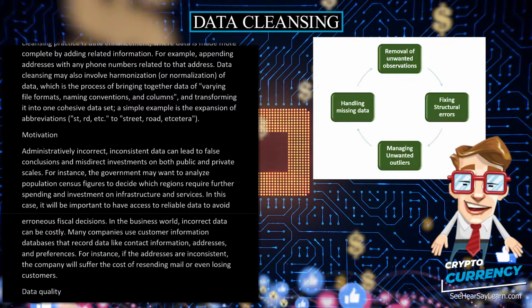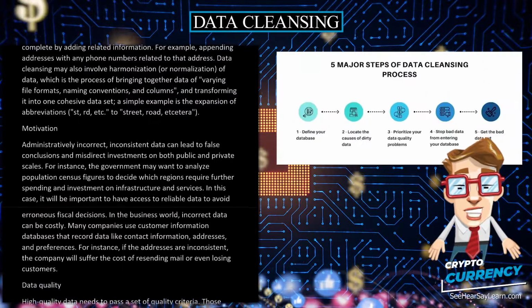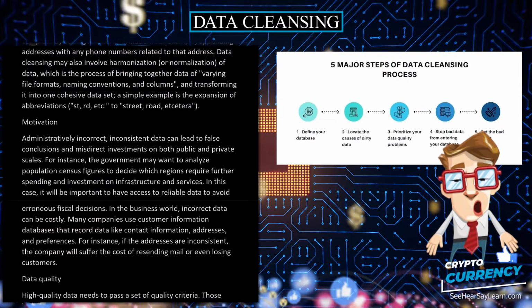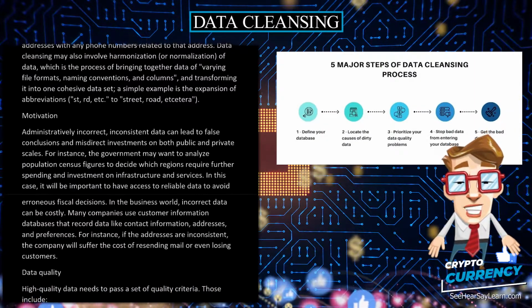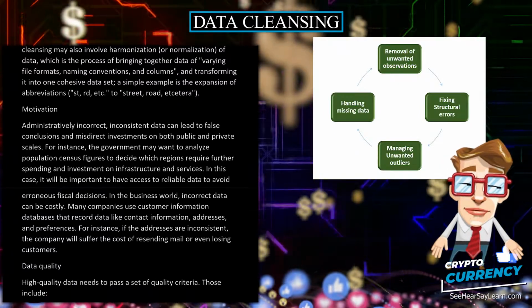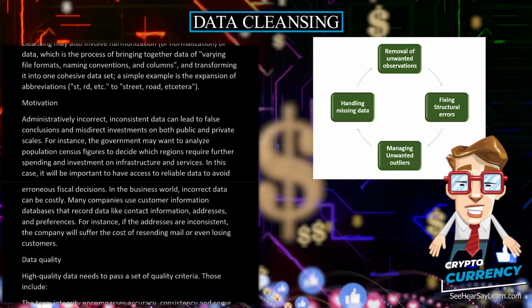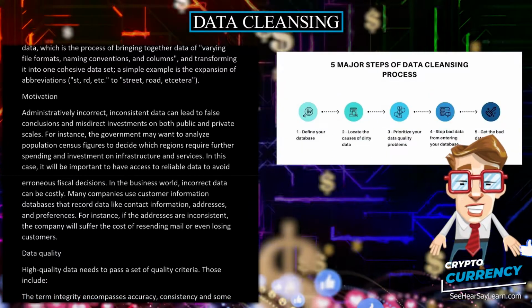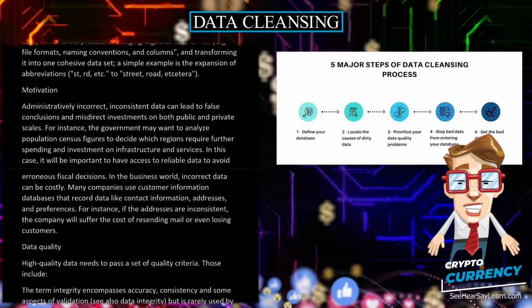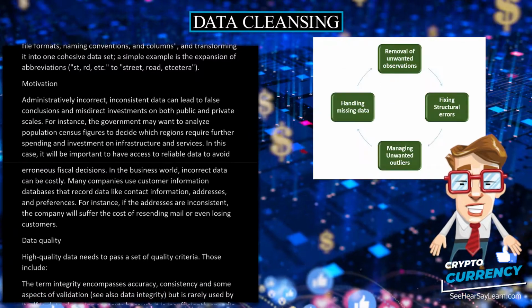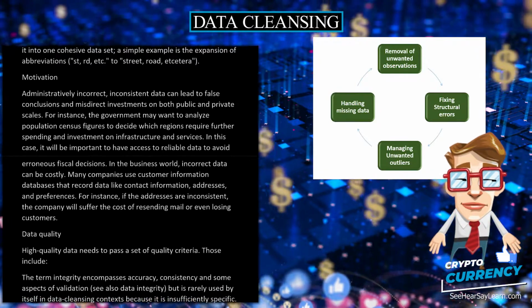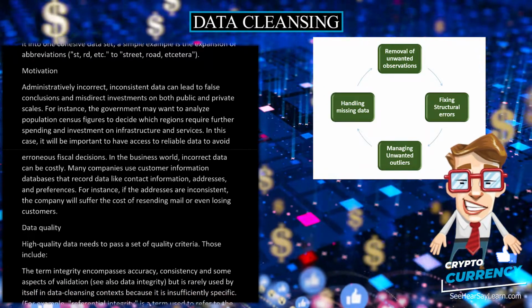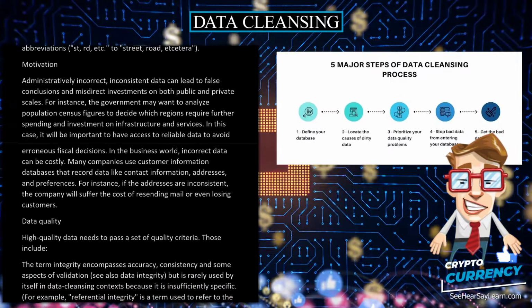Administratively incorrect, inconsistent data can lead to false conclusions and misdirect investments on both public and private scales. For instance, the government may want to analyze population census figures to decide which regions require further spending and investment on infrastructure and services. In this case, it will be important to have access to reliable data to avoid erroneous fiscal decisions.